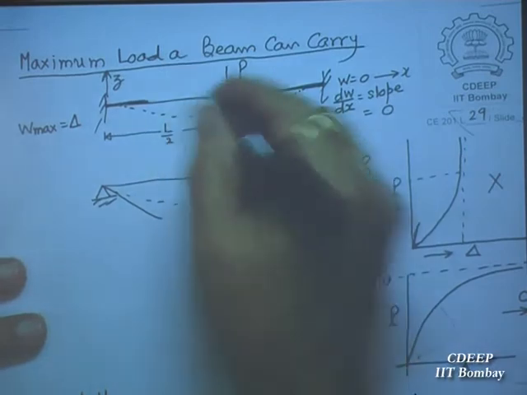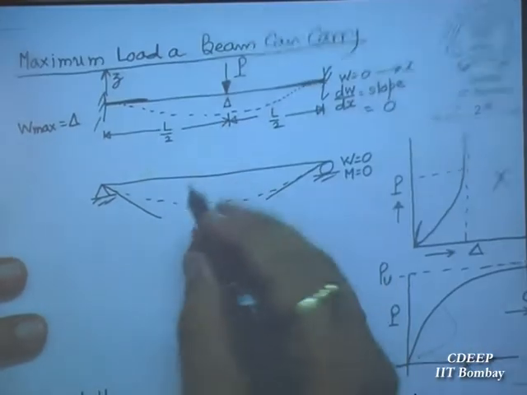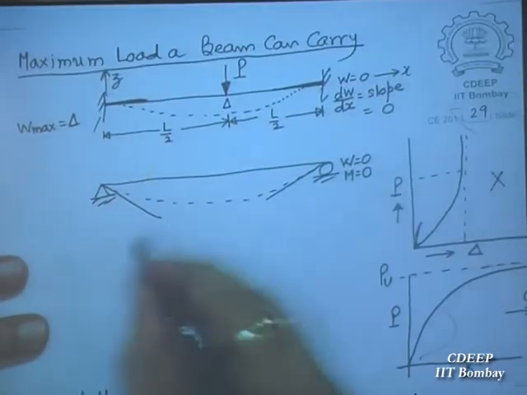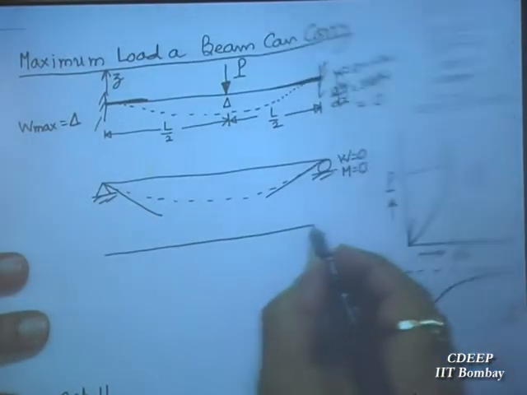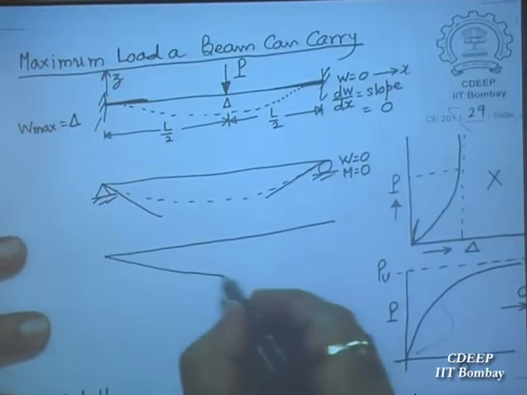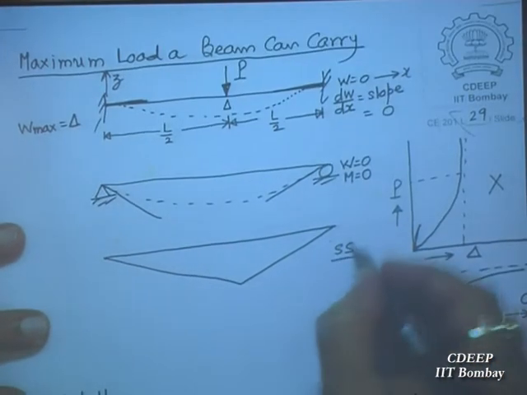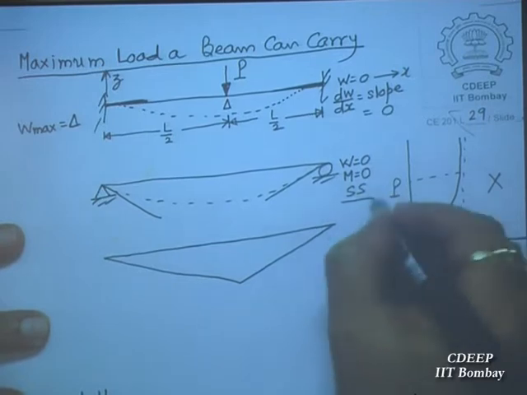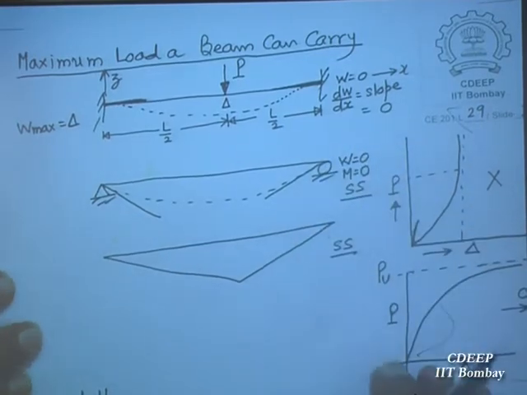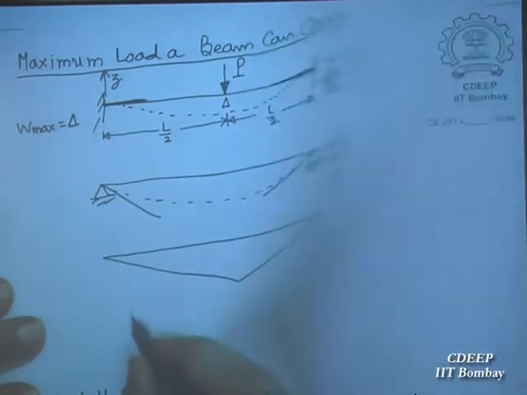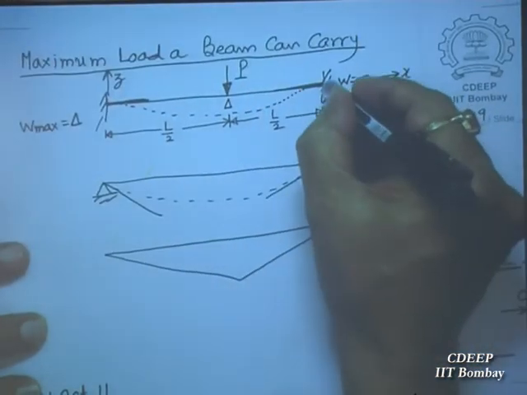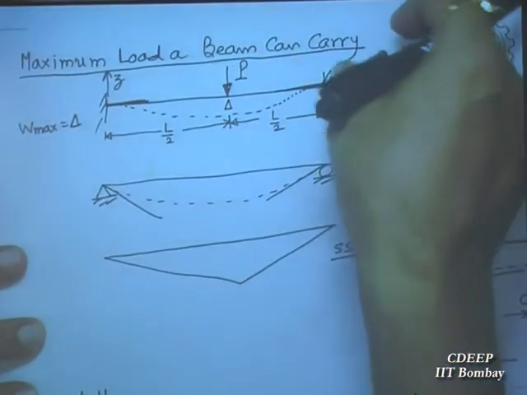Okay, so slope. This is the displacement. Now here, the bending moment diagram in the simply supported beam was like this. This is SS, simply supported. Now I am only giving this conceptually for a clamped beam. Here also a moment will be created.